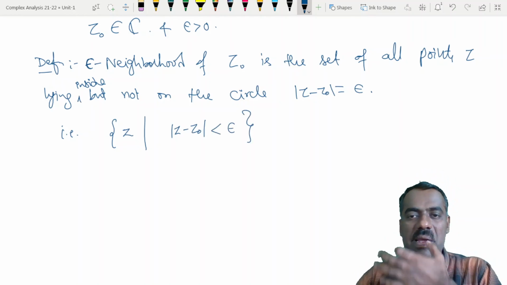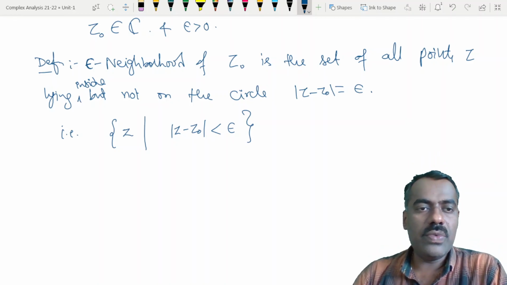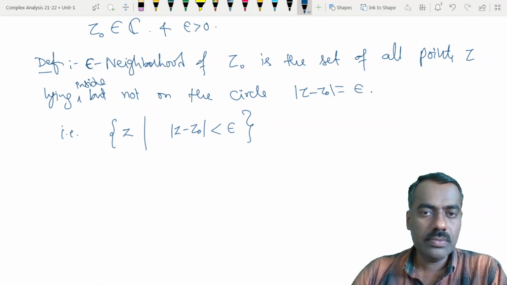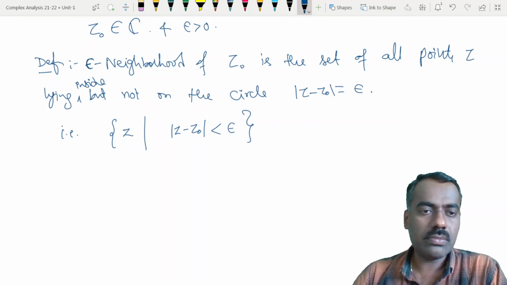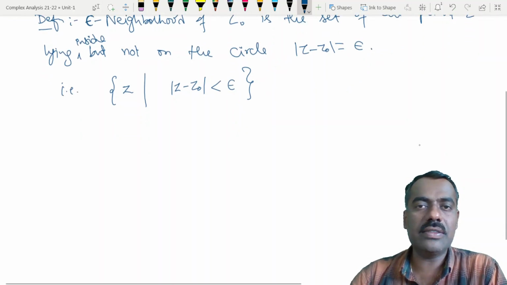Because mod z minus z naught equal to epsilon is the circle, and we want a point that should be inside this circle but not on this circle. Is the definition clear? Yes, sir.